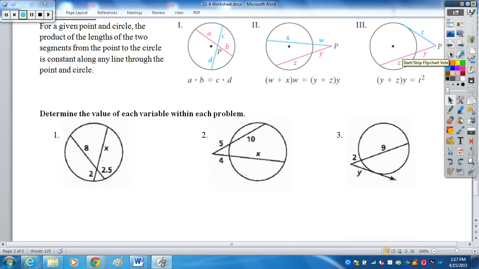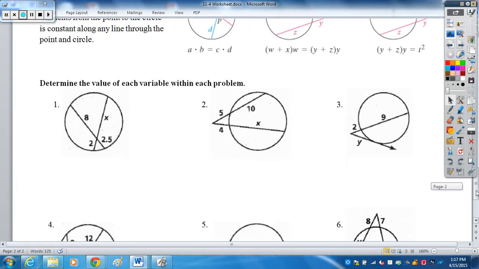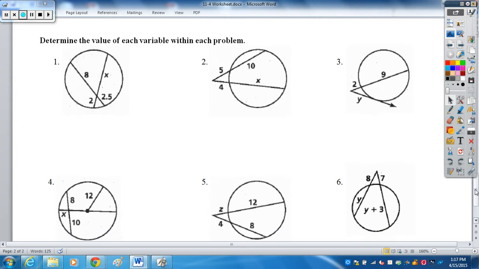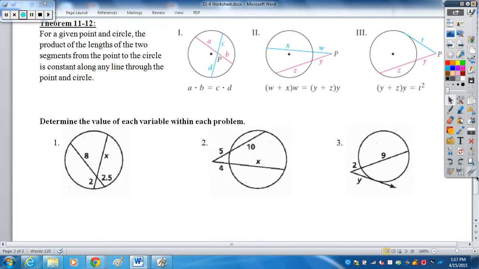If you go to this one, it says the outer part times the whole length. It's just using the summation right there. So that's the only difference between what I showed you and the actual equation within the theorem. So as we look here, maybe I should leave this up right here. Okay.